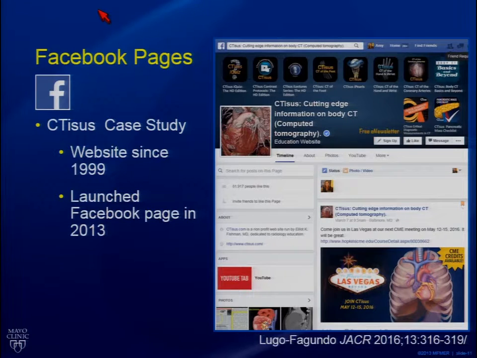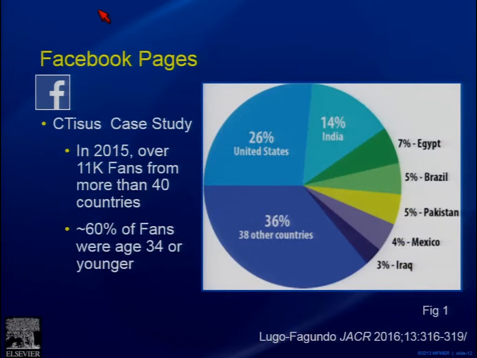And I'll talk a little bit more about Dr. Fishman's CT is Us Facebook page, because they recently published a study in JACR about this. So as he mentioned, he's had the website since 1999, and they launched their Facebook page in 2013. And when they did this study in 2015, they found that they had over 11,000 fans from more than 40 countries.